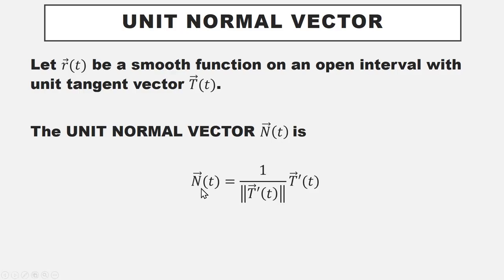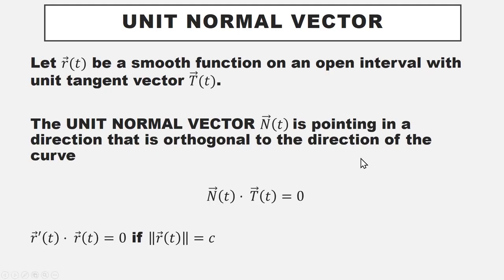And that means if you take the unit tangent and dot product it with the unit normal vector, you get 0. In other words, what's happening is that the unit normal vector is pointing in a direction that's orthogonal to the direction of the curve.